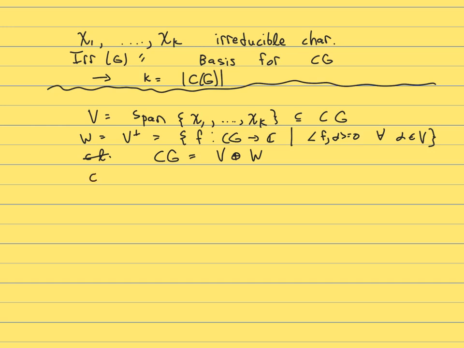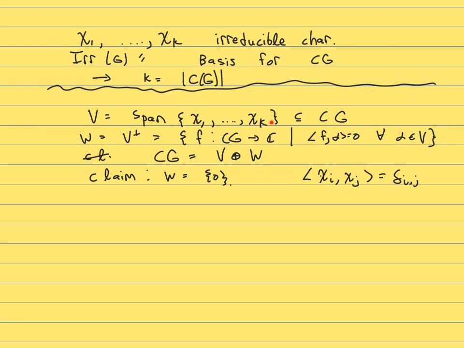So all we need to show is that W is 0. If that's true, then V is all of the class functions, and therefore we already showed last time that these characters had the feature that their inner product was either 0 or 1, which is enough, using the theory of inner products, to conclude that they are linearly independent.